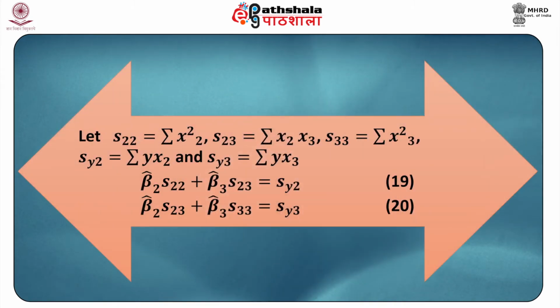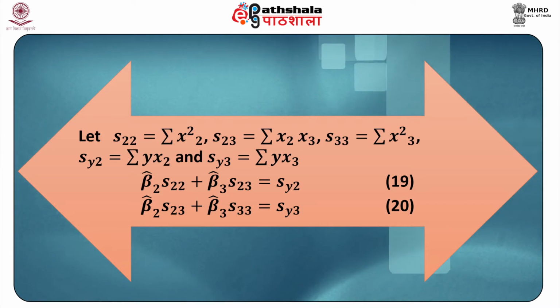So let us substitute s22 equal to sigma x2 square, similarly s23 equal to sigma x2 x3 and s33 equal to sigma x3 square. Similarly, we can write sy2 equal to sigma y x2 and sy3 as sigma y x3.